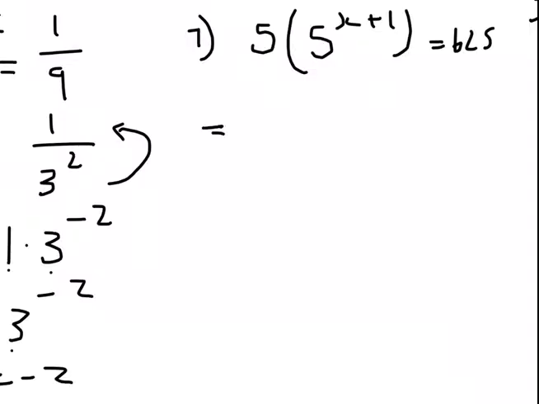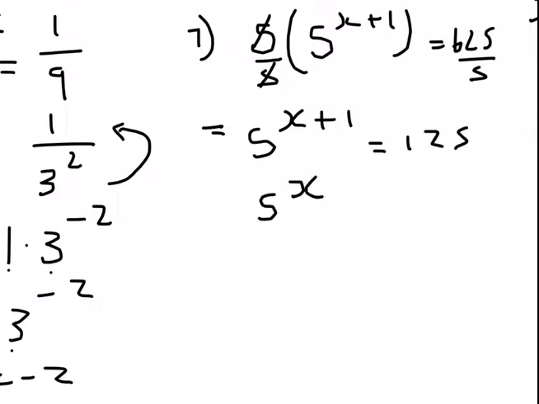Okay, first step, I want to remove that 5. That's why I'll divide both sides by that 5 so that it cancels, and then I remain with 5 to the exponent of that being equal to 625 divided by 5. It is 125, and I think I've done 125 before, where I just have to rewrite that with base 5. Why 5? So that the bases are the same. I think it's 5 to the 3. Yes, that gives you 125.